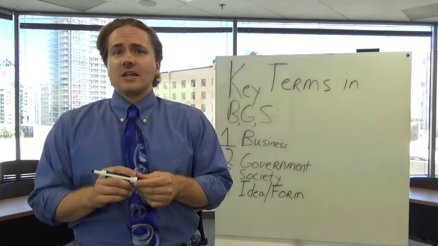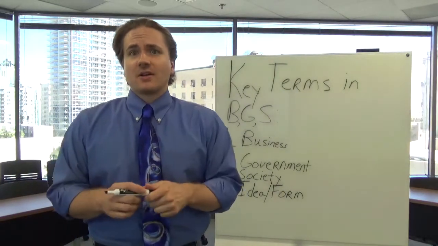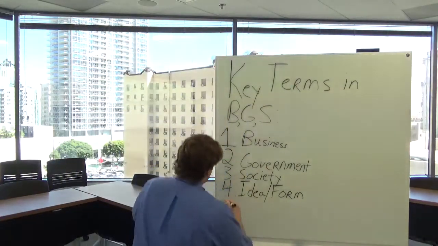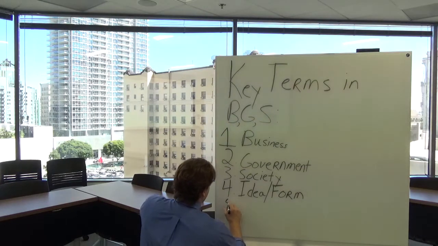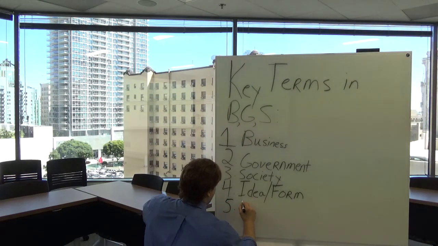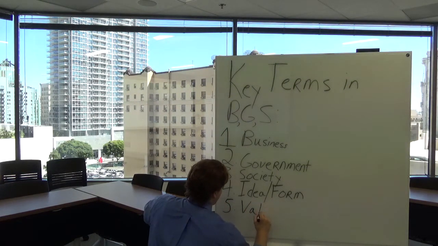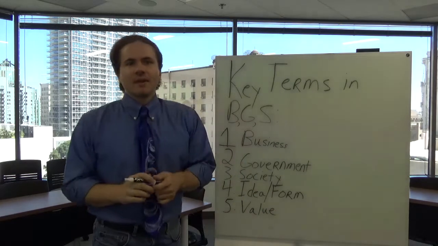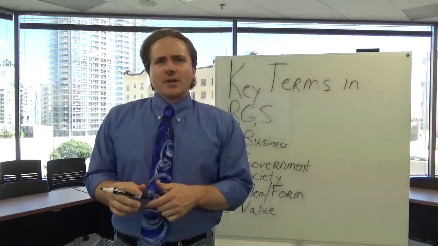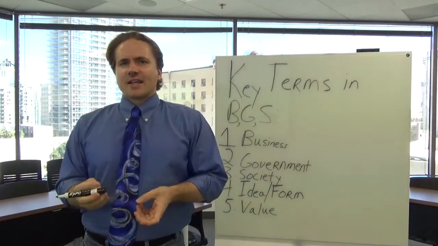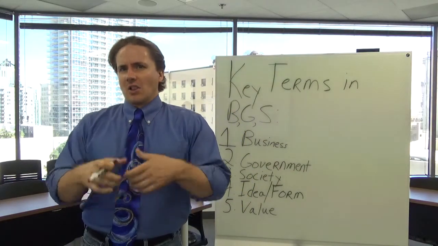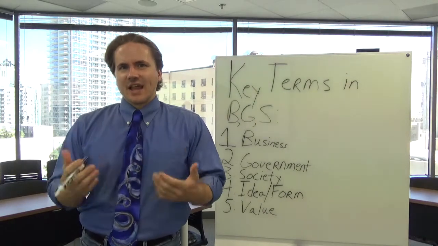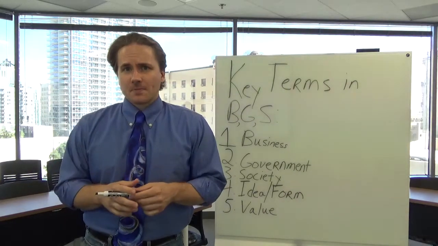Now, a slightly more specific version of an idea is what we would call a value. A value is a long-standing belief about which choices in life are fundamentally correct.